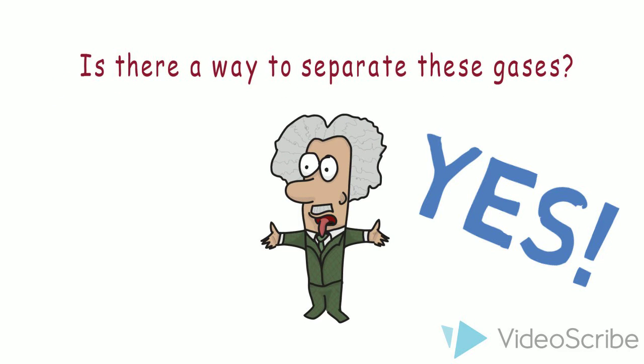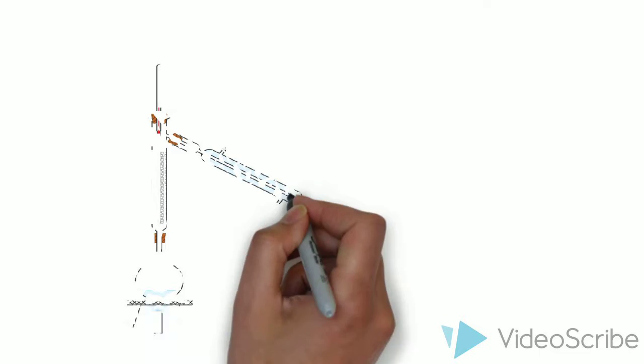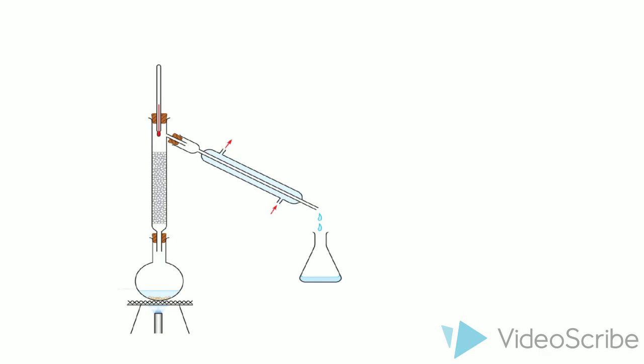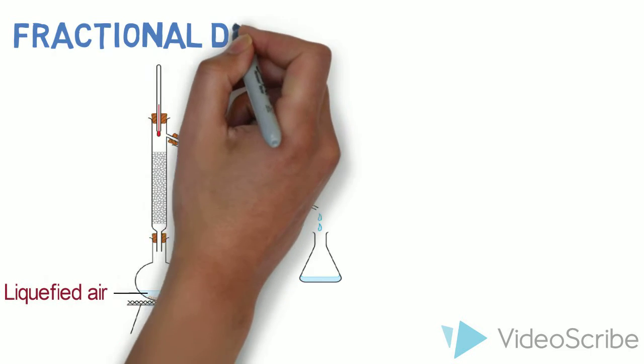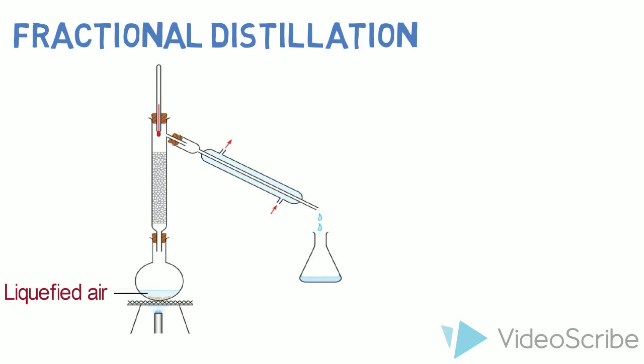To do so, we have to first condense gaseous air to obtain liquefied air. Liquefied air is then separated using this technique that you see over here into the various components. Do you still remember what this setup is called? Yes, as some of you may recall, this setup is called fractional distillation. But do you still remember how the various components are being separated?